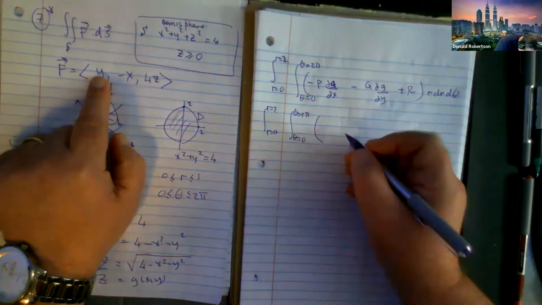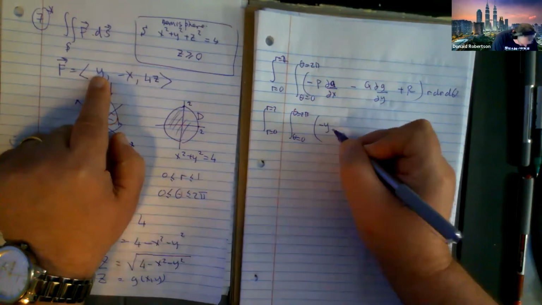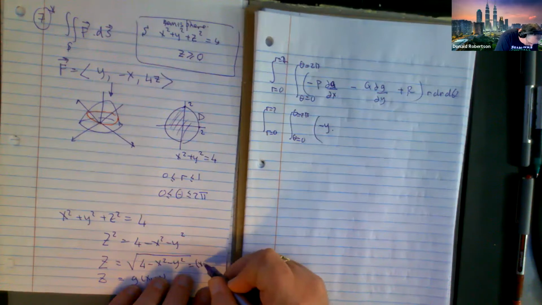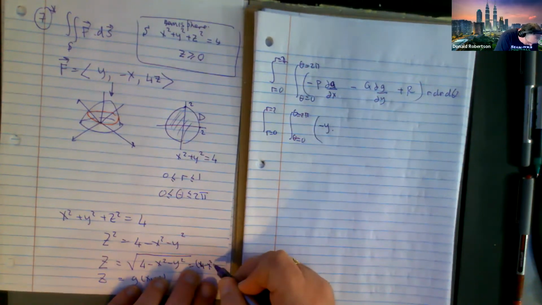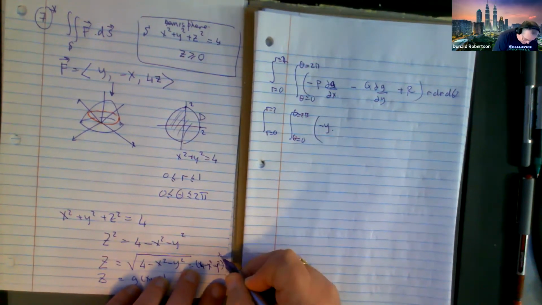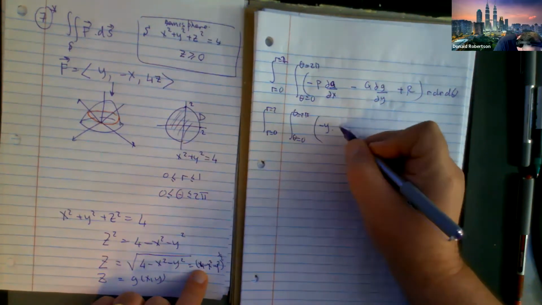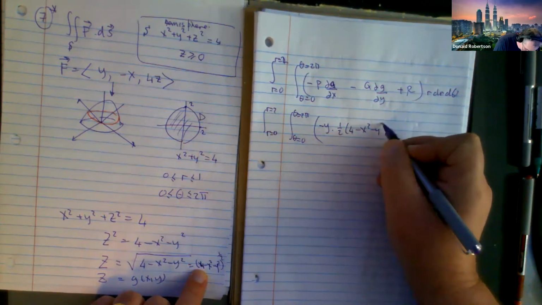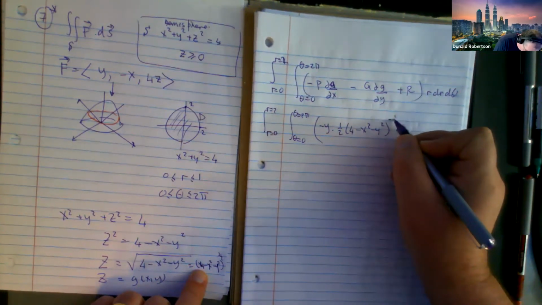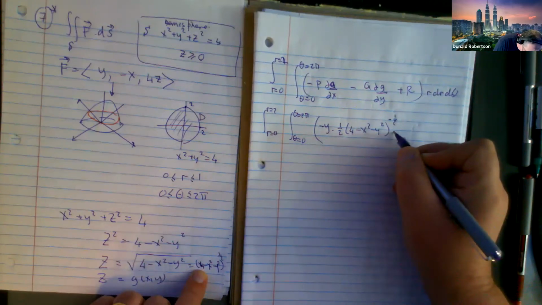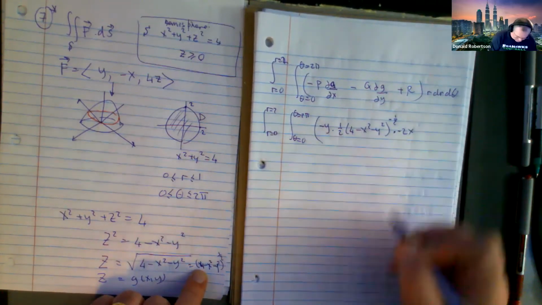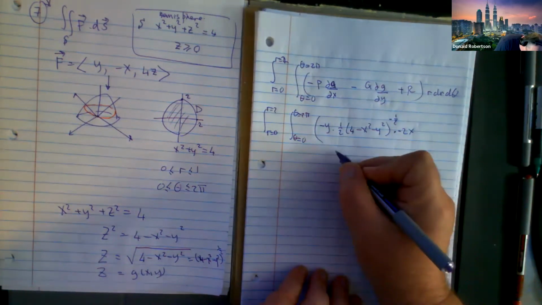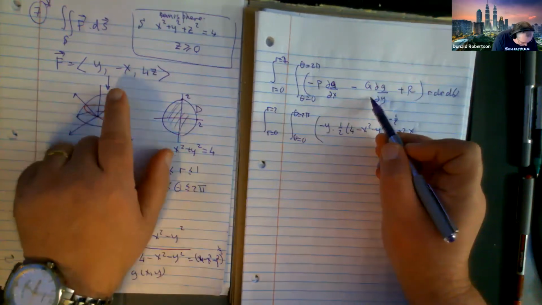Okay, negative of this guy is negative y. If you differentiate this fella, I guess I'm going to have to call it 4 take away x squared, take away y squared to the half, you're going to get 1/2 that guy to the power of negative 1/2 times the derivative with respect to x, which is negative 2x. It doesn't matter how far to the left, I'm never going to have enough room to write these in one go. So next fella is negative q.